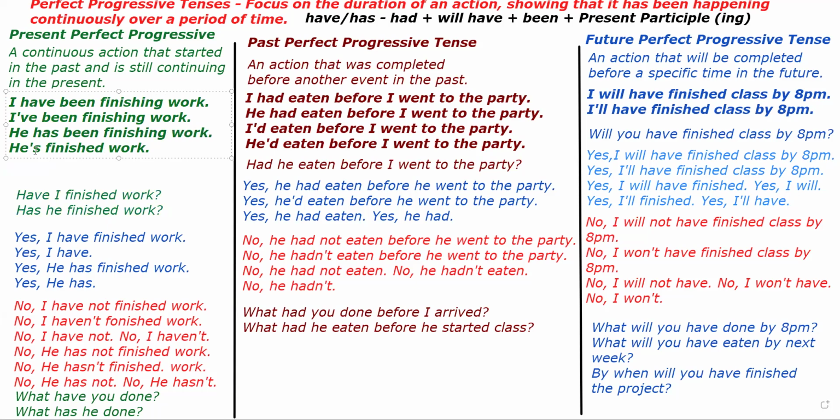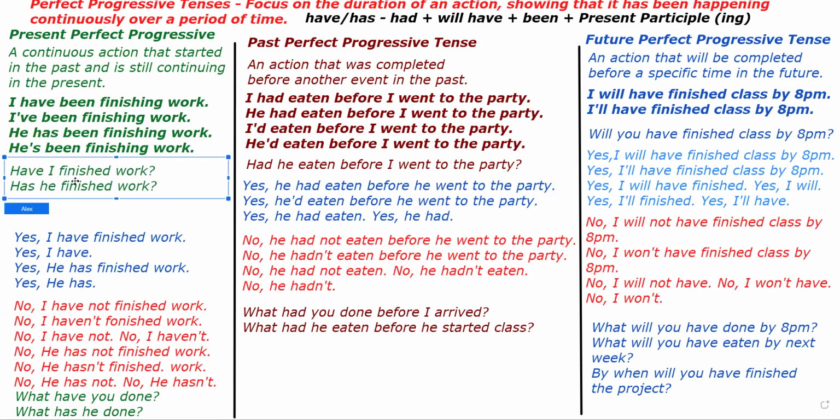Or he's been finishing work. Always the been for progressive tense. Question: Have I been finishing work?